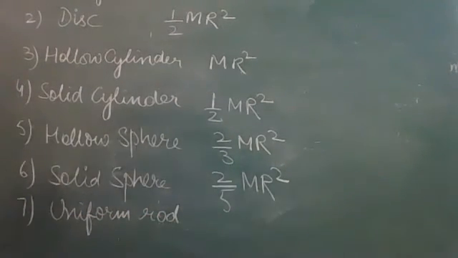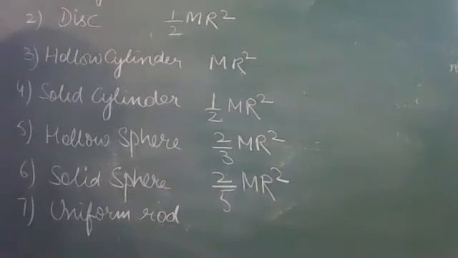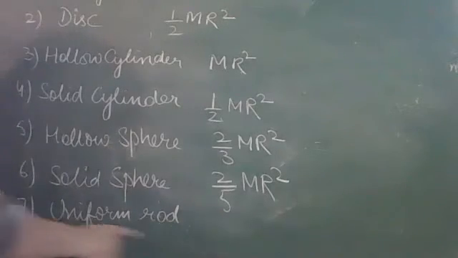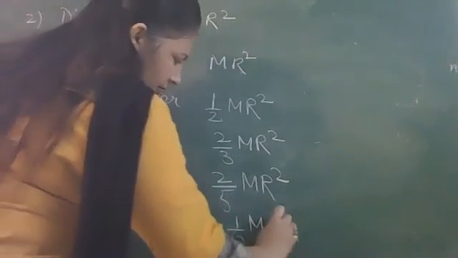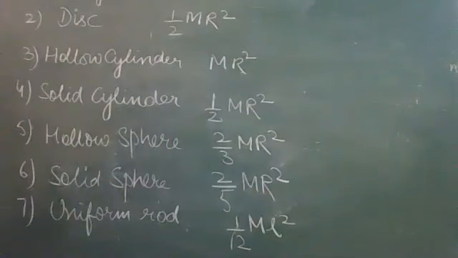Uniform rod, about which axis? This is very important. We are writing all these values for an axis passing through the center of gravity and perpendicular to the plane of these objects. So for a uniform rod, it is 1 by 12 ml square.